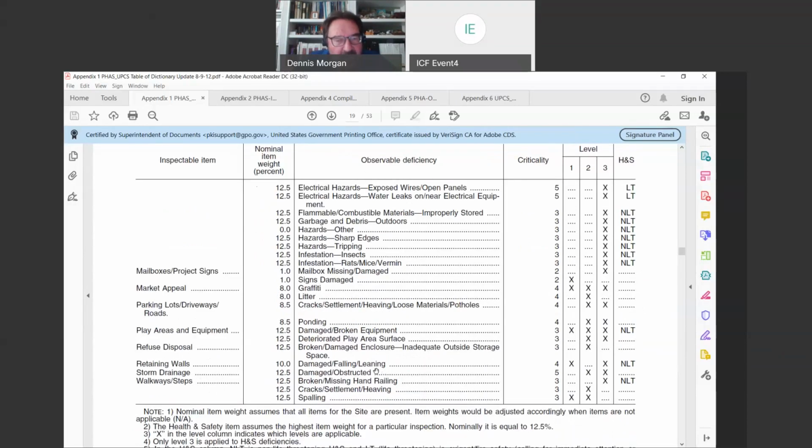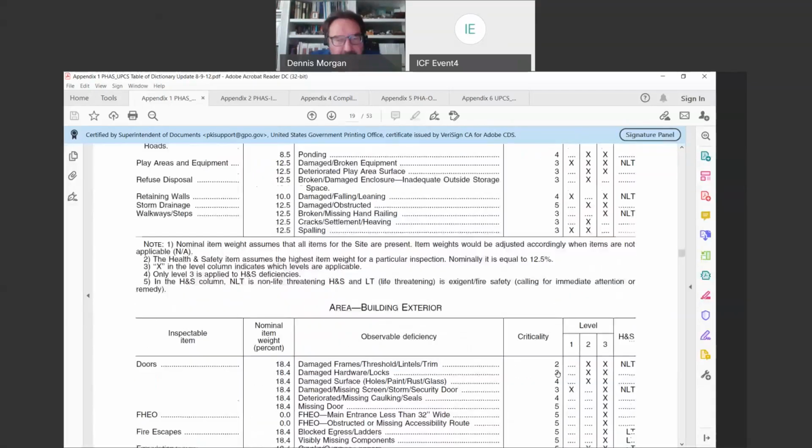Storm drainage damage, obstructed, limbs in front of that area, blocking that storm drain. 5, again, potential 3, even though it is a NLT, it has massive points because of the criticality and the high criticality level associated with it as well.